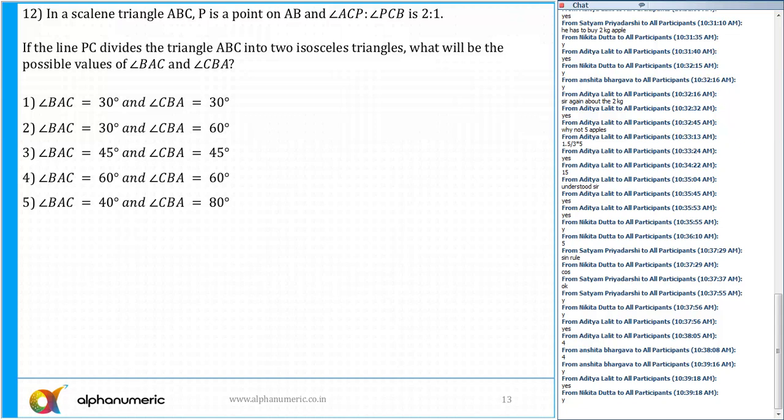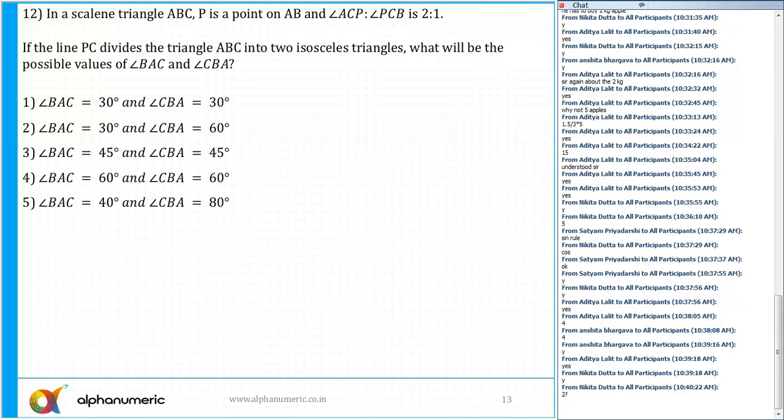Okay, so coming to question number 12, it says in a scalene triangle ABC. Option 2, no. The correct answer is, I think, option 5.